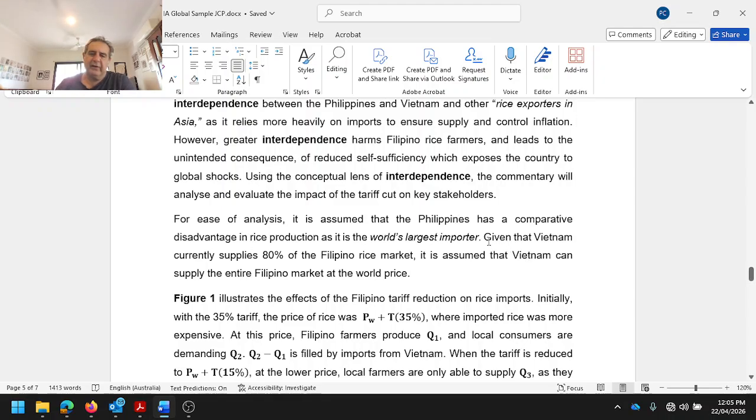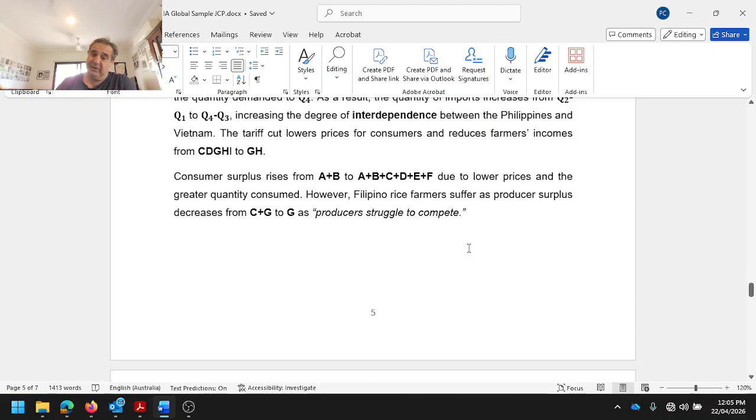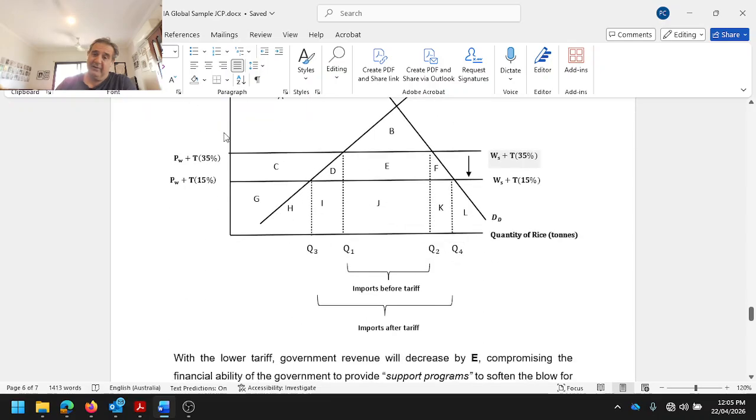But then this second sentence is really crucial. Given that Vietnam currently supplies 80% of the Filipino rice market, it is assumed that Vietnam can supply the entire Filipino market at the world price. All that simply means, if I jump back to the diagram, is that the world supply curve is perfectly elastic.